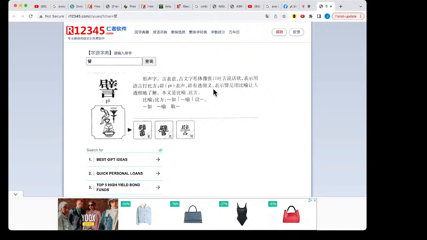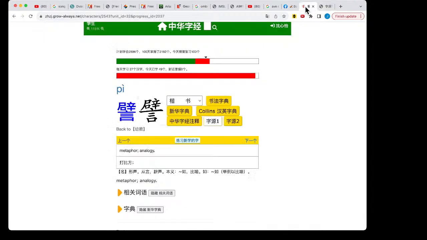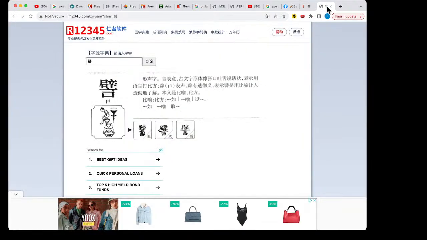So oftentimes when you speak metaphorically or make an analogy, the purpose is to try to make it more clear, so people can understand. That's why they use this pi, which has the meaning of thoroughly, and put it over here.